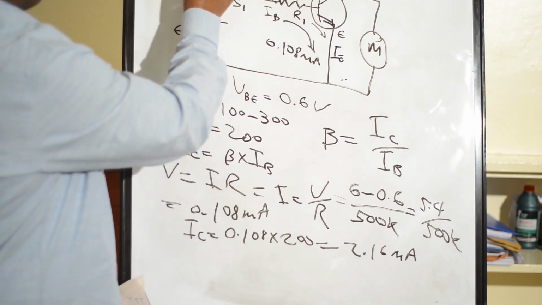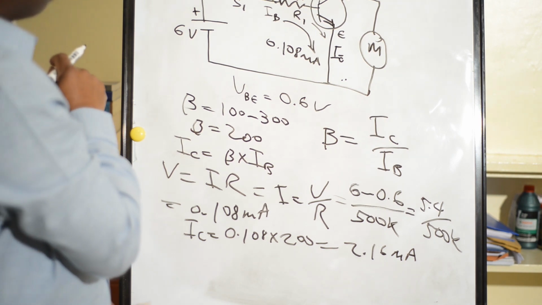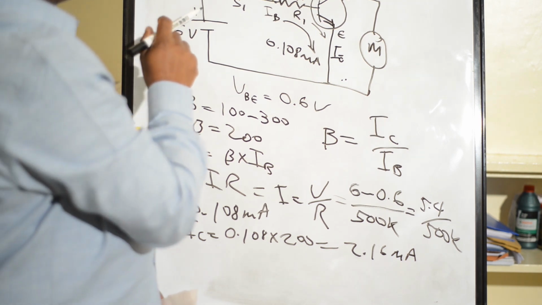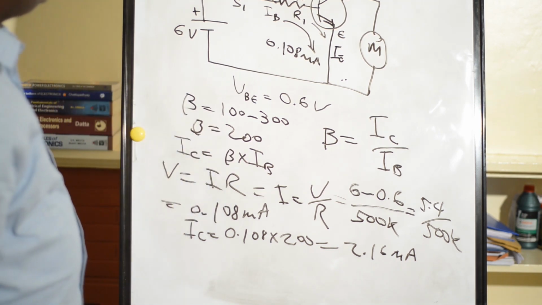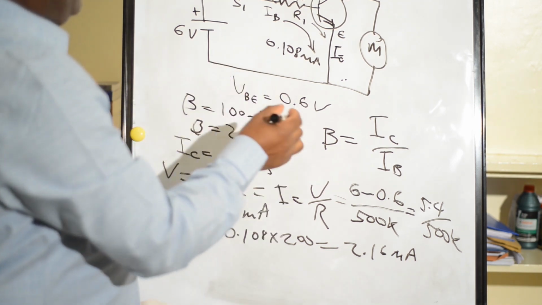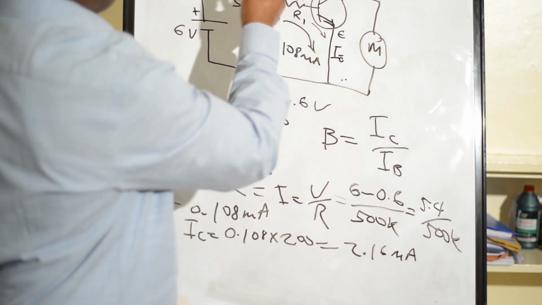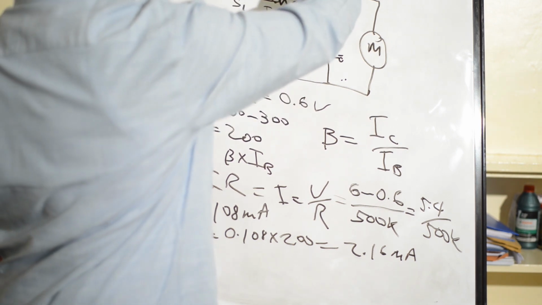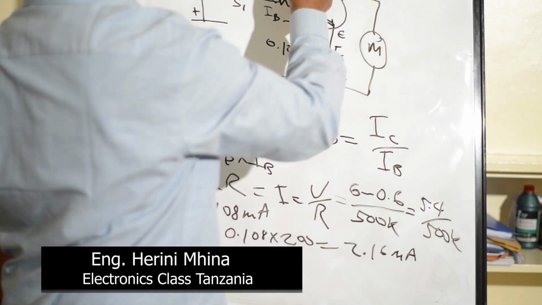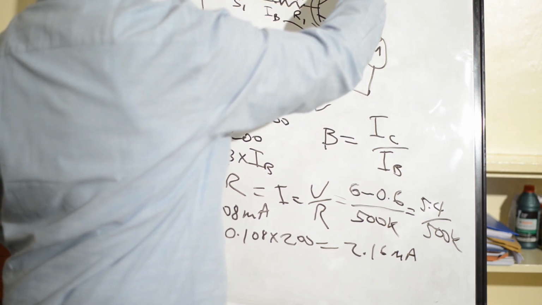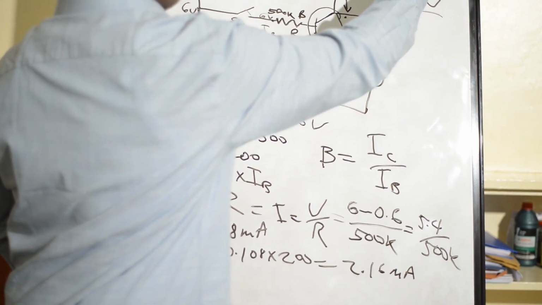Here also we have 6 volts. This point we have 6 volts. So we want to know the drop at the R2 resistor. If we want to know the drop here, we know the voltage is equal to IR. We have a current, which is 2.16 milliampere. We have a resistor, which is 1K.